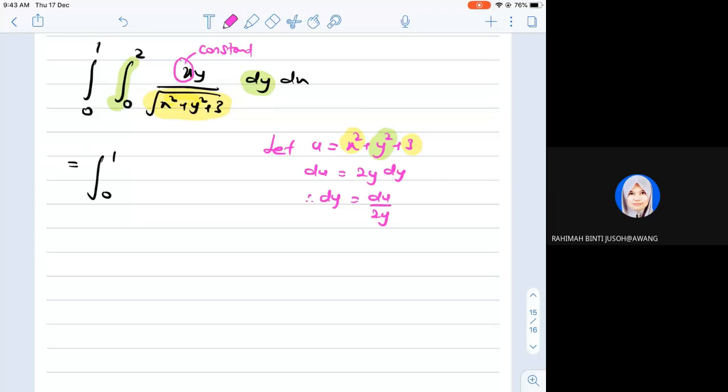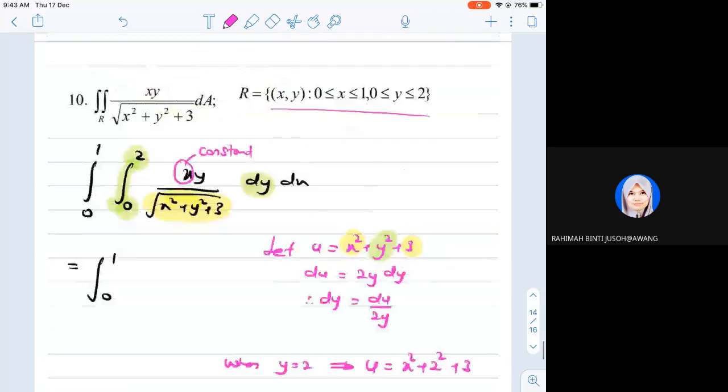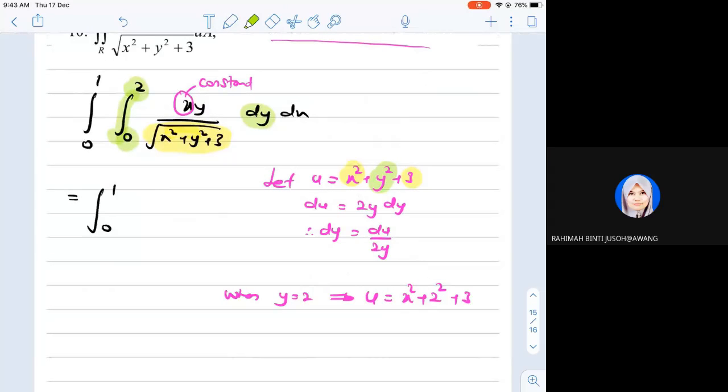Now I want to substitute the limits also. When y equals 2, what happens to u? u equals x squared plus 2 squared plus 3, because I substitute y equals 2 into y squared. So u equals x squared plus 4 plus 3, so x squared plus 7.